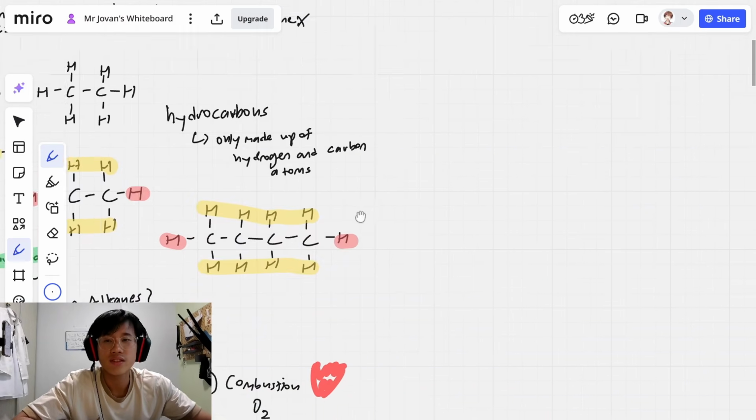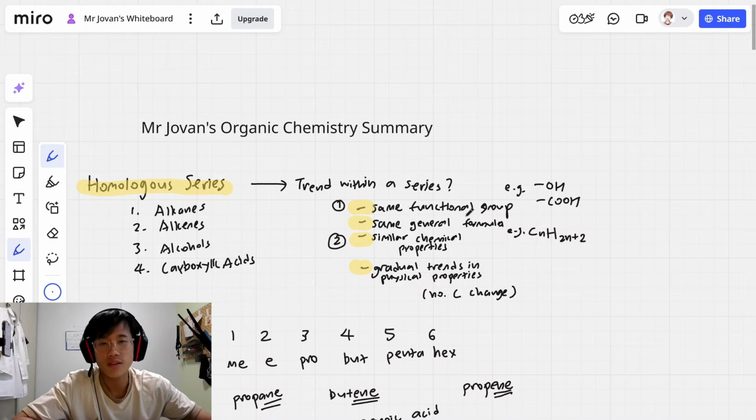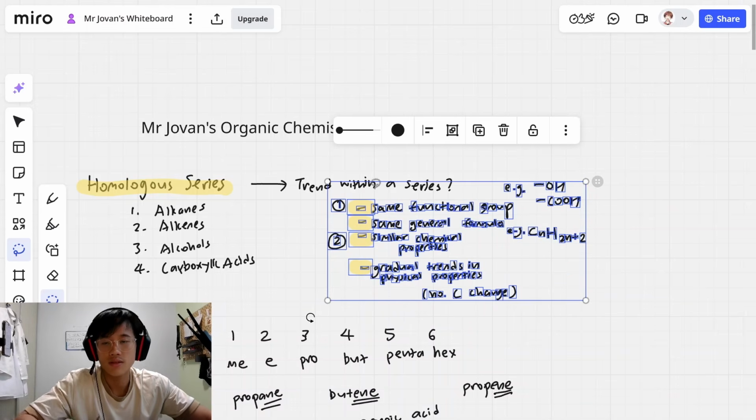Don't remember? Let's go and refer. In each series, same functional group, same general formula, similar chemical properties, and gradual change in physical properties. And I said the best ones to remember were same functional group and similar chemical properties. Very good. Just copy paste into our mind map.